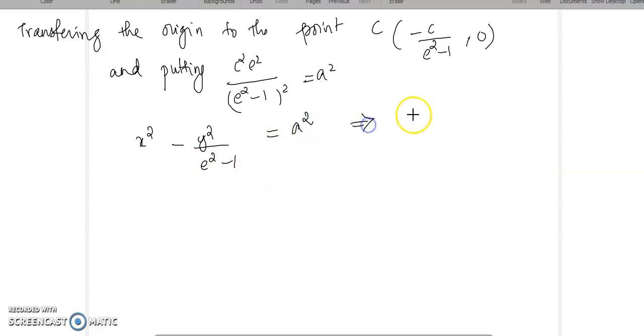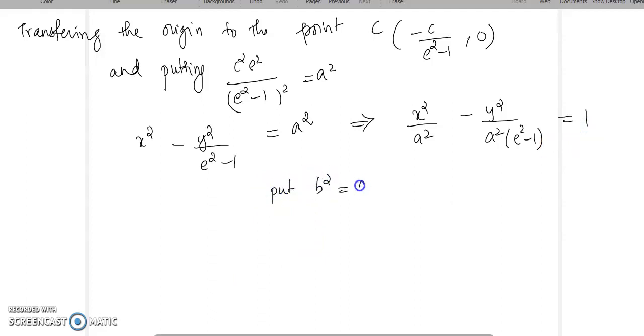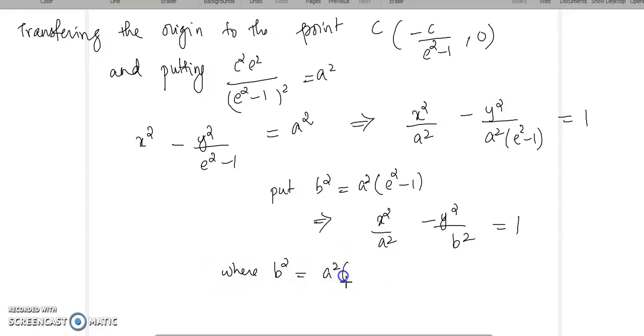Now dividing throughout by a², you will get x²/a² − y²/(a²(e² − 1)) equal to 1. Now put b² equal to a²(e² − 1). So that will give the equation as x²/a² − y²/b² equal to 1, where b² equals a²(e² − 1).